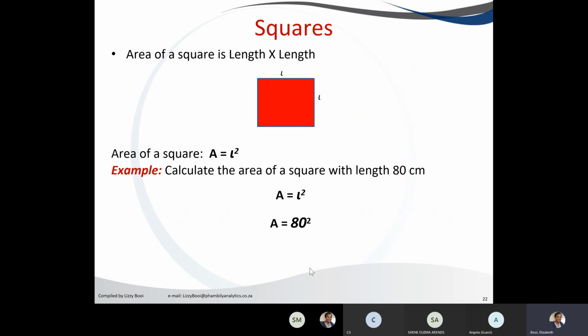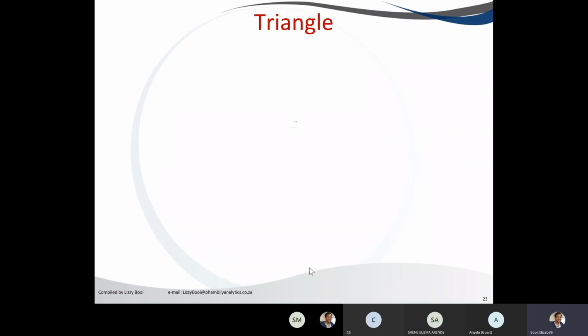And because it's in centimeters, 80 centimeters times 80 centimeters will give us 6,400 centimeters squared.